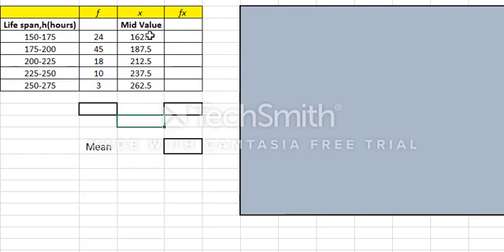Alright, so there we are, all the mid values of the rows are ready with us. Let us now go ahead and find out the summation. We'll do the summation later. First, fill in the values into the column for fx. So it is going to be equal to frequency multiplied by the corresponding mid value.